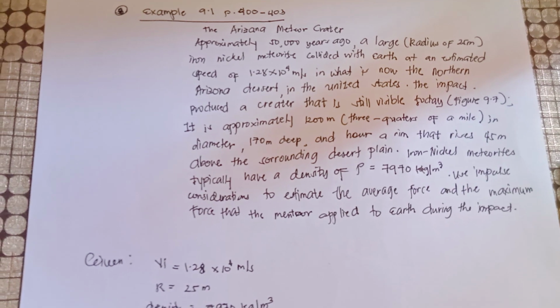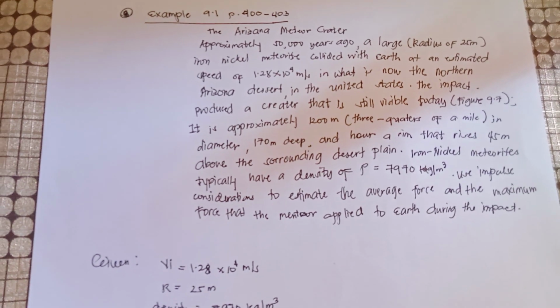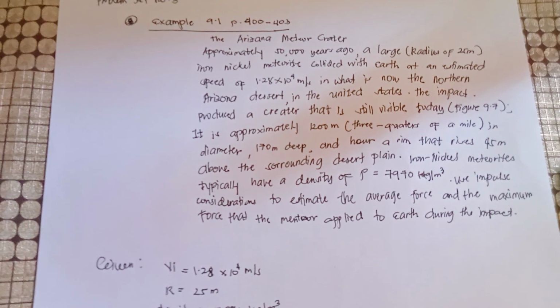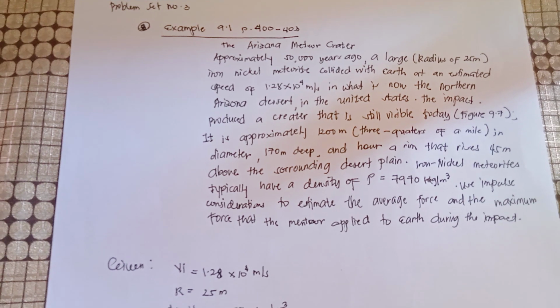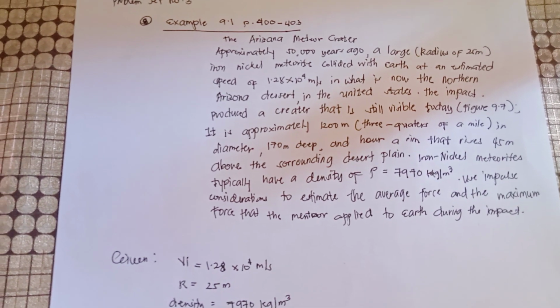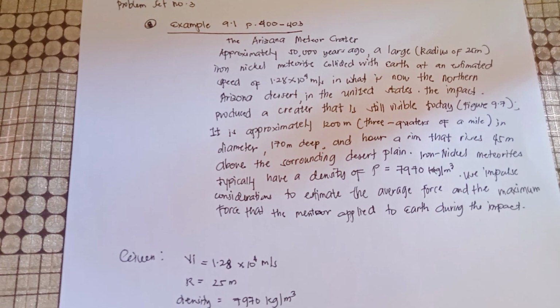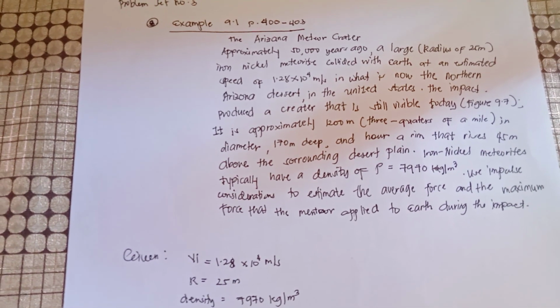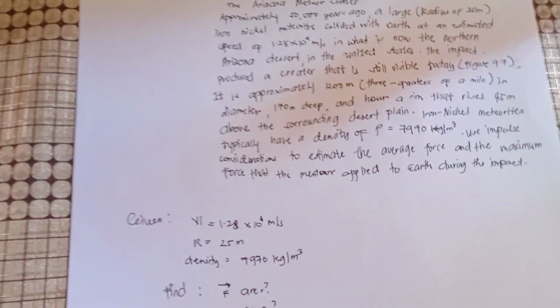Iron-nickel meteorites typically have a density of rho equal to 7970 kilograms per meter cubed. Use impulse considerations to estimate the average force and the maximum force that the meteor applied to Earth during the impact.